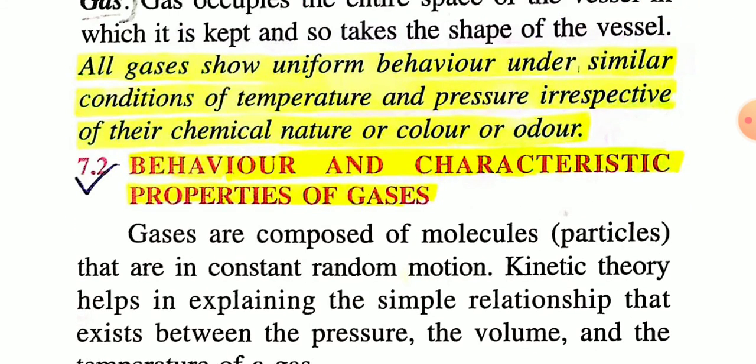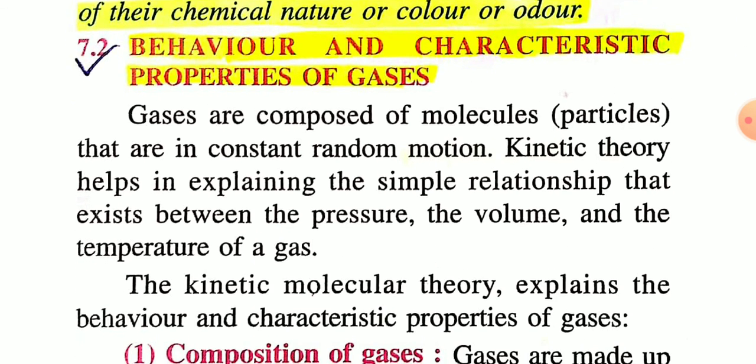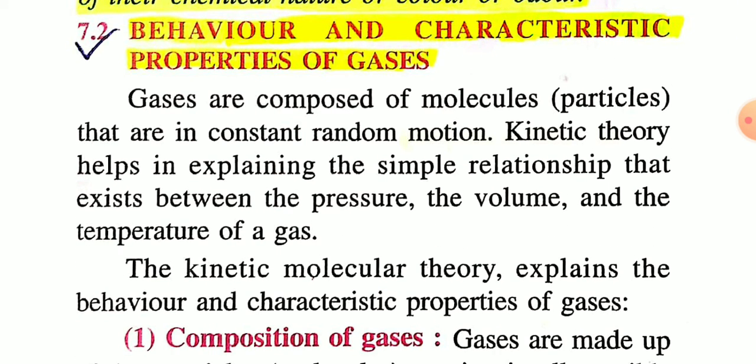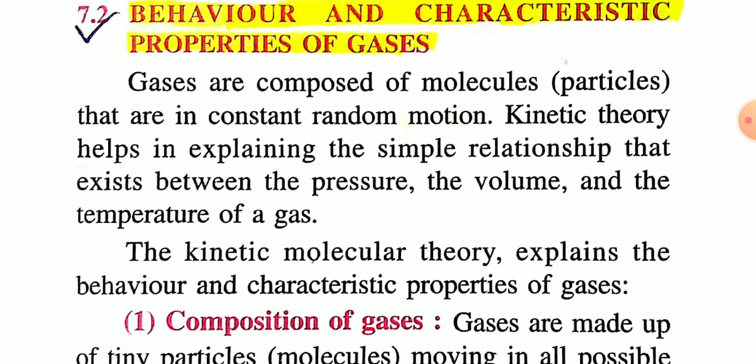And all gases show uniform behavior under similar conditions of temperature and pressure, irrespective of their chemical nature or their color or their odor. Now see behavior and characteristic properties of gases.